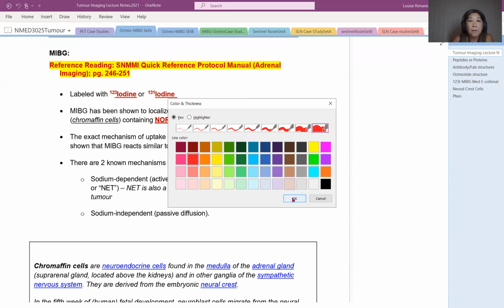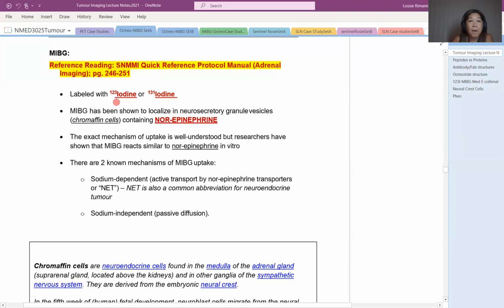I-123 primarily for diagnostic purposes, I-131 for therapeutic purposes, although in many places in the world that don't have access to high purity I-123, they scan with I-131 MIBG.